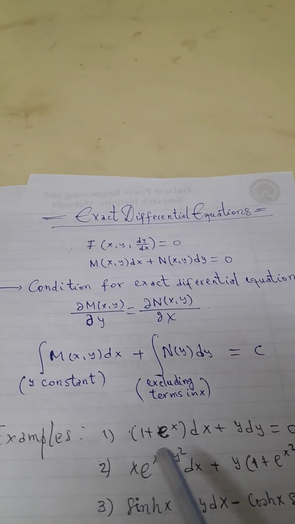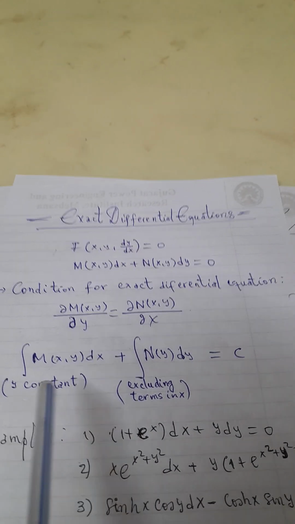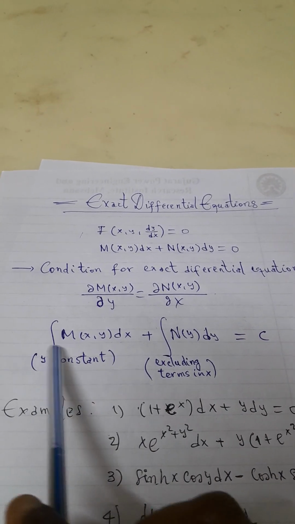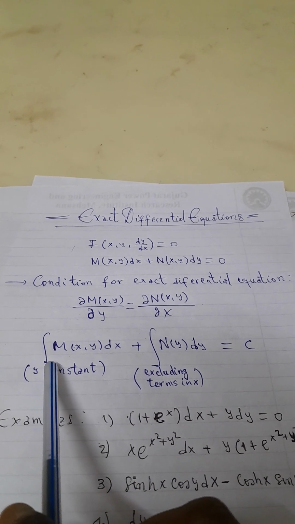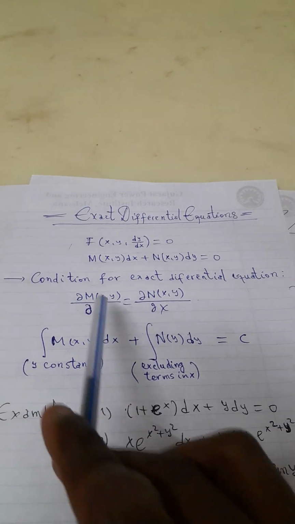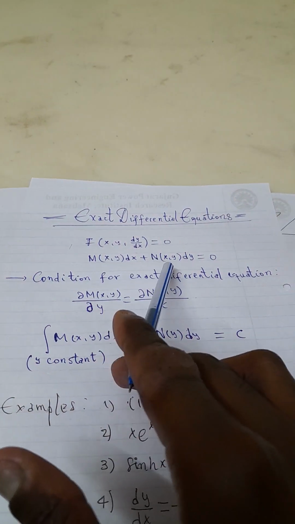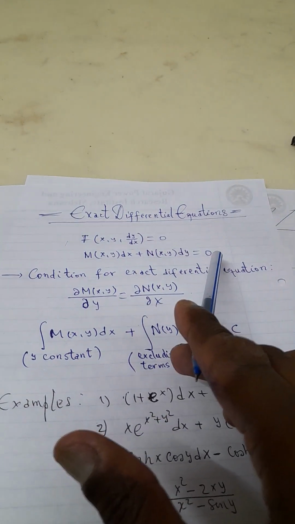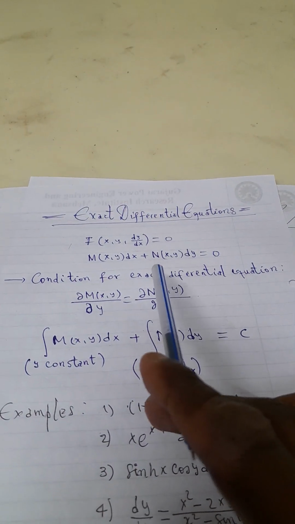it means that the general solution for this equation will be given by this integral: the integration of M of x, y dx, and then the integration of the terms of N. Just some change will happen.